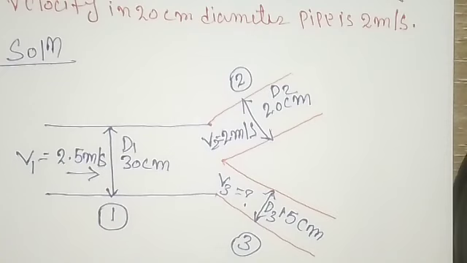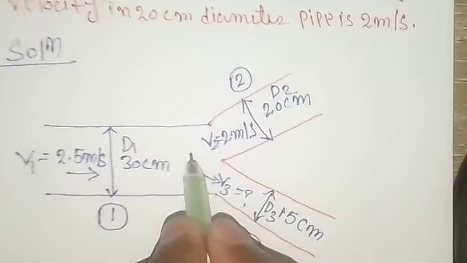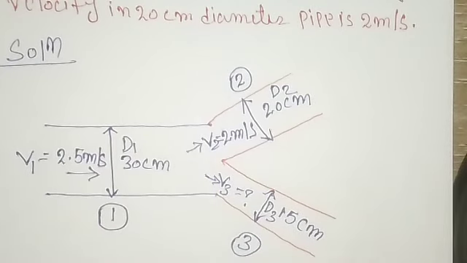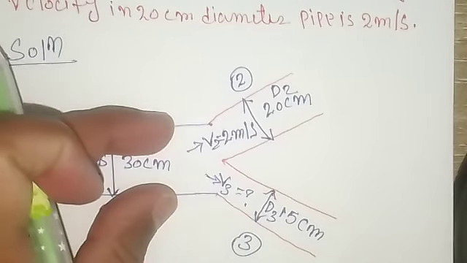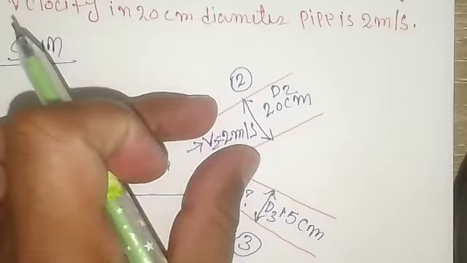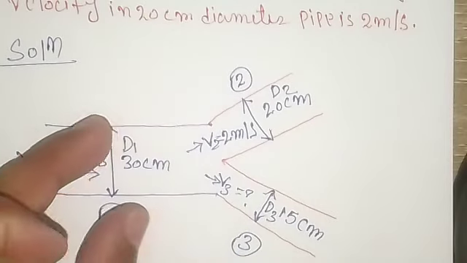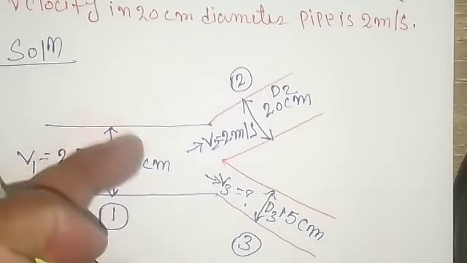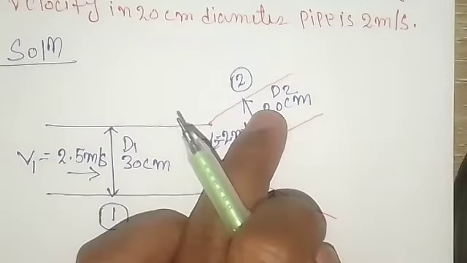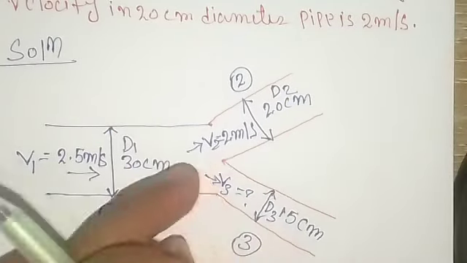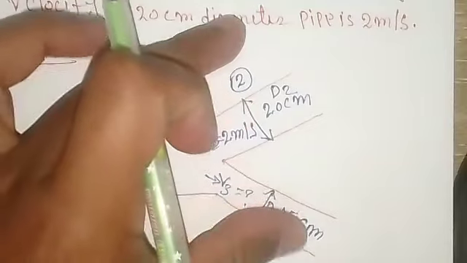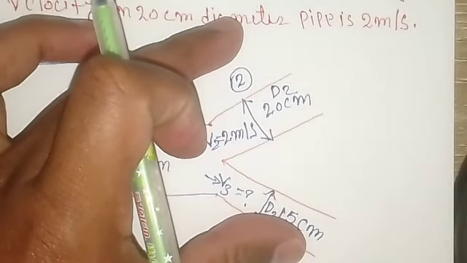One thing you have to observe is that the same water that flows into the main pipe bifurcates into these two. So if the discharge through this pipe is Q1, then Q1 is equal to Q2 plus Q3. Why? Because this amount of fluid is split into two branches.